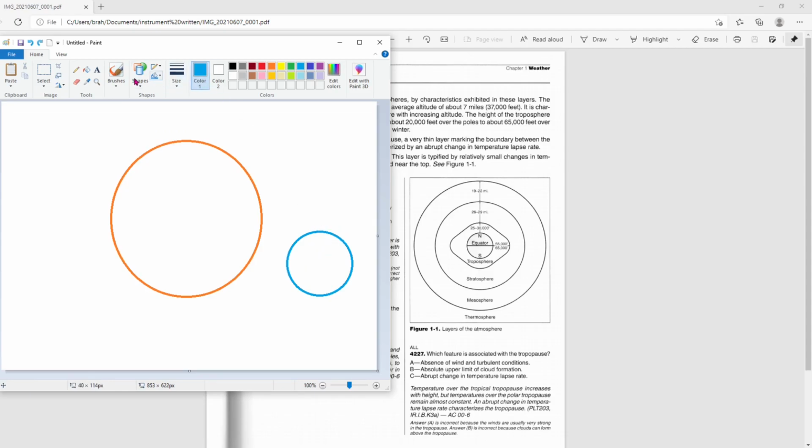So let's draw the line for the tilt. So you got a tilt going on here, right? And this is actually where the North Pole is. This is the south. Okay. And these two are divided by an equator, right?